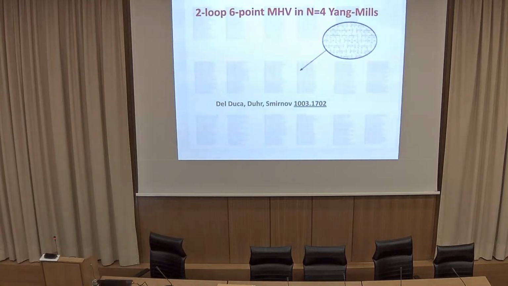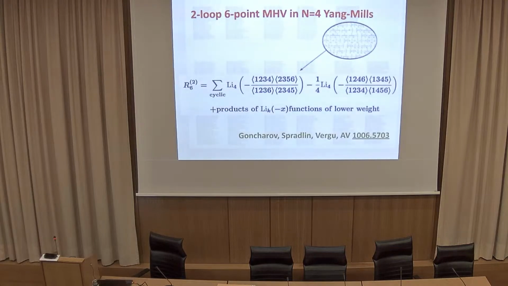To give you an idea, for example, if you look at the 2-loop 6-point amplitude in supersymmetric Yang-Mills theory, if you start computing it you get many pages of multi-polylog functions, but if you just want to nail down what the final answer is, it is some weight 4 polylog function of some particular variables.